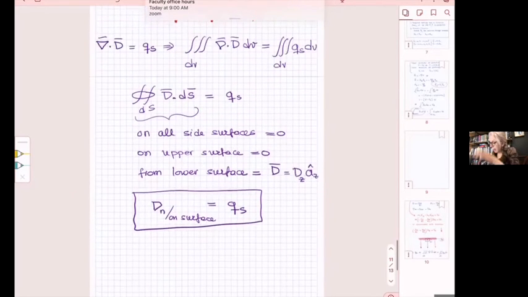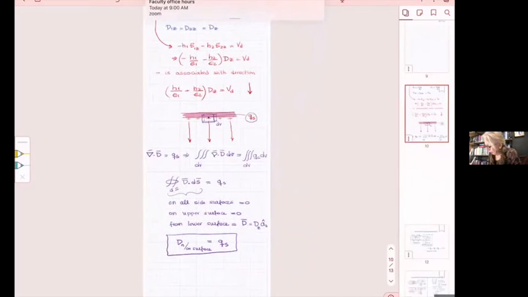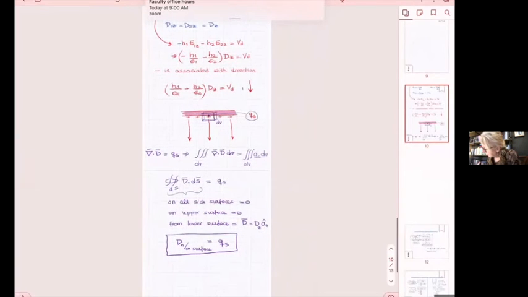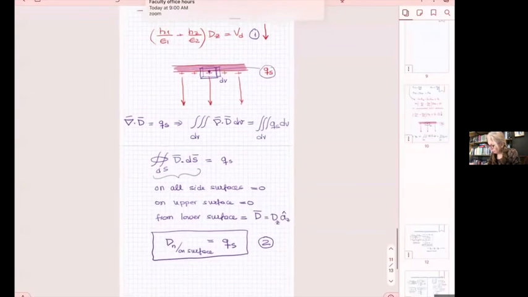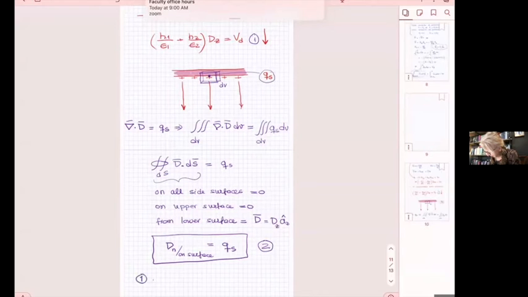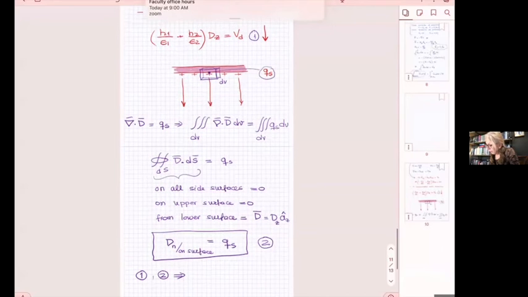And so from there, if we put everything in equation 1 and equation 2, practically from 1 and 2 you have the following: H1 over epsilon 1, and now I will do it across the whole area A. So I can multiply everything by the area A, so you will see how it's going to go.